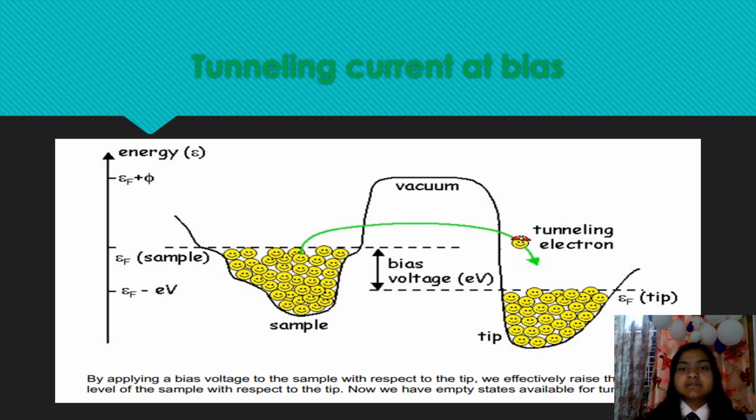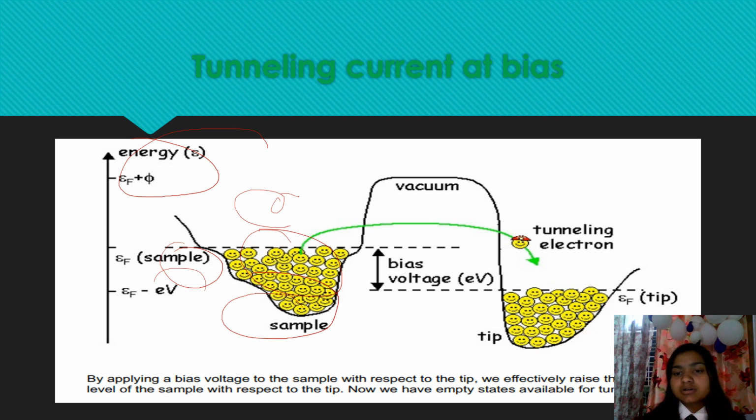Tunneling current at bias. This is the energy denoted by epsilon. This is the sample, with bias eV. These smileys are the electrons. Now this is a vacuum gap between the sample and the tip, with bias voltage eV.